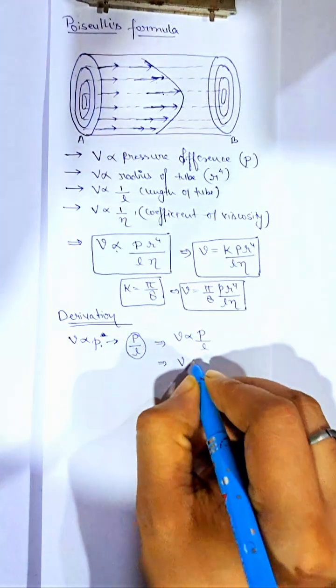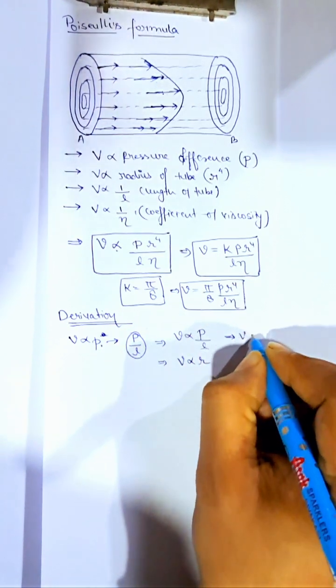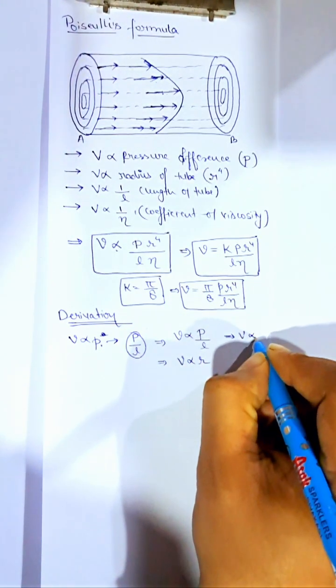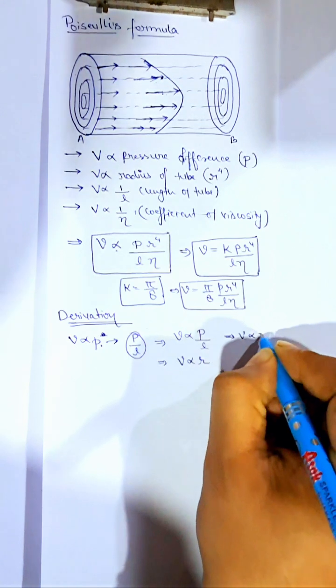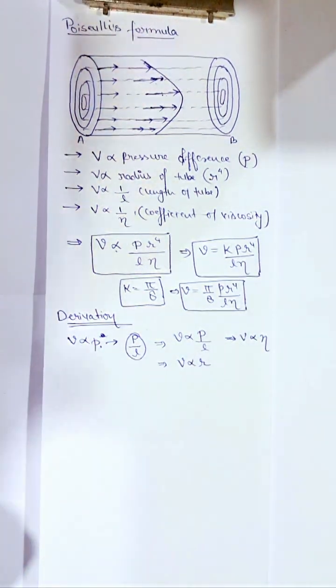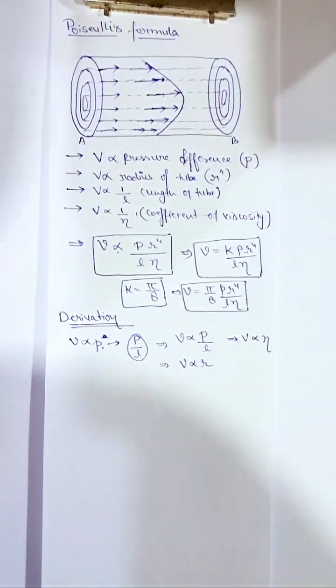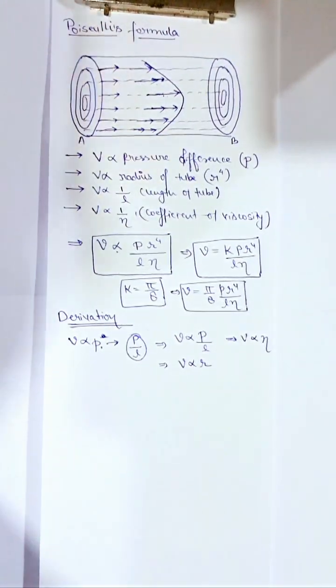Second, velocity depends on radius. Also, velocity depends on the coefficient of viscosity. So these are the three factors on which the velocity of the flow of liquid depends.